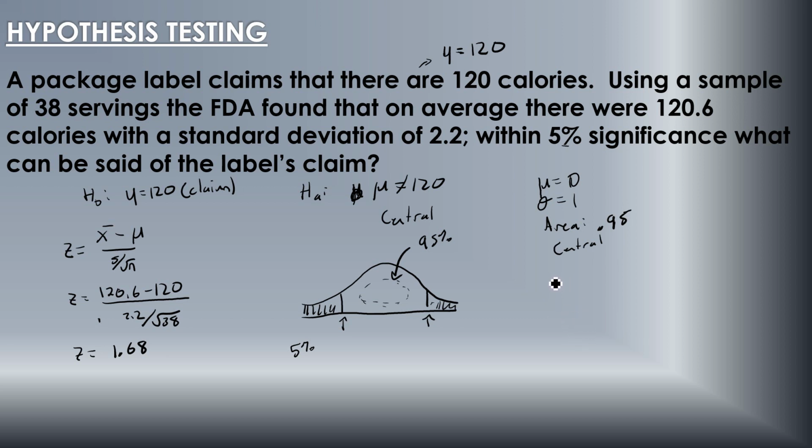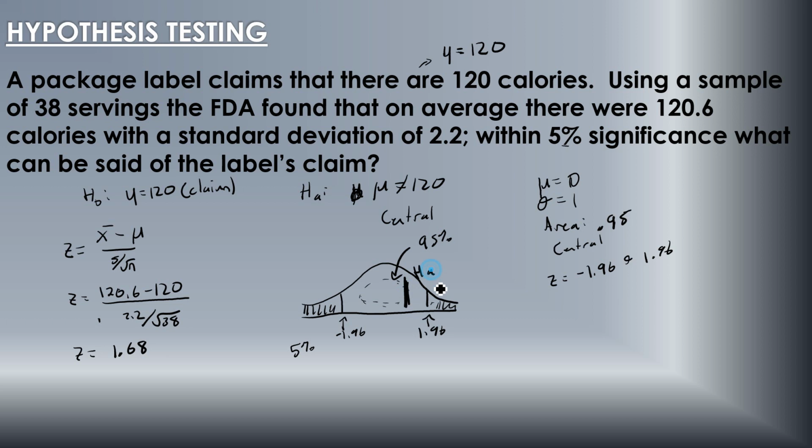So the two scores that we get when we do that are going to be negative 1.96 and 1.96. So that means this value, negative 1.96, and this value, 1.96. And where is HA? Well, HA is 1.68, which is somewhere over here.